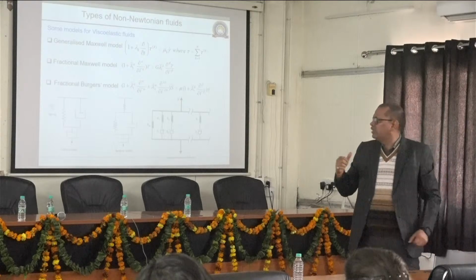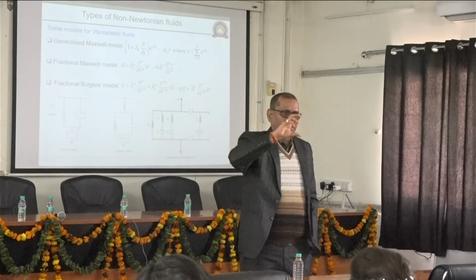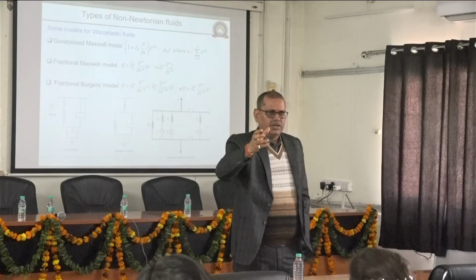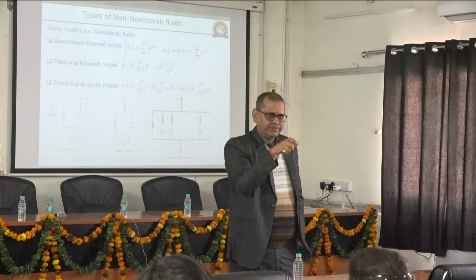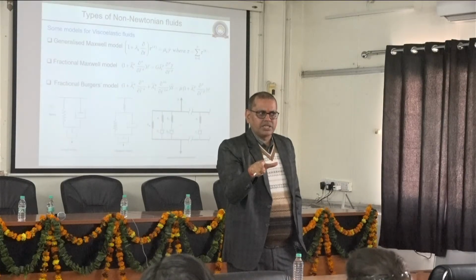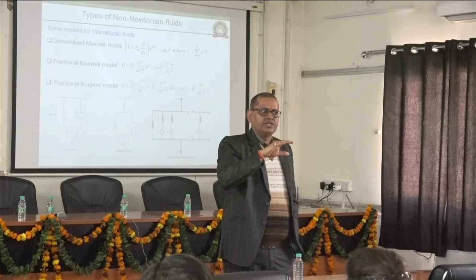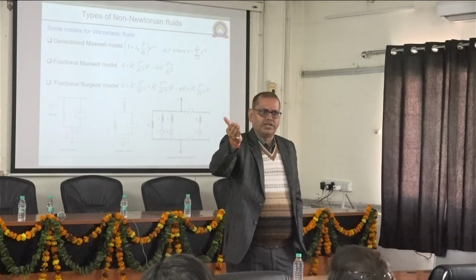You can see the fractional model as I have shown. Alpha represents the value from 0 to 1, and when alpha is equal to 0, it will be the model for a viscoelastic fluid. But when alpha is equal to 1, it will be more solid in nature.